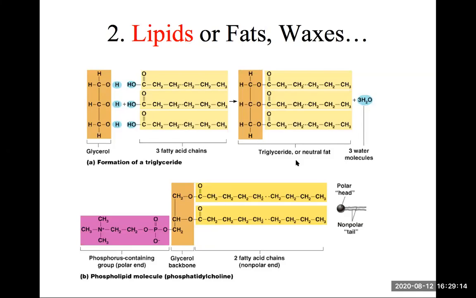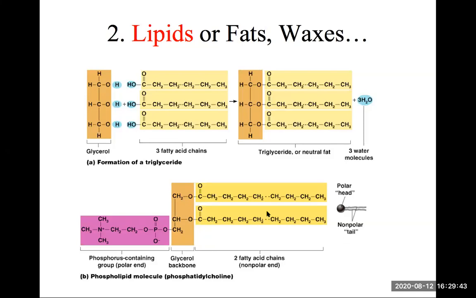Well, a fat is a pretty complicated macromolecule, but we know there are certain things about fats that are important, such as fats do not mix with water, okay? And so these are what are known as non-polar, and that means that any part of a molecule that is non-polar is going to be unwilling to mix with water.